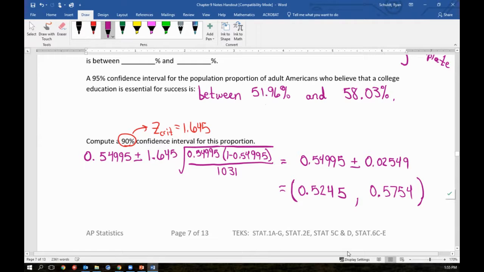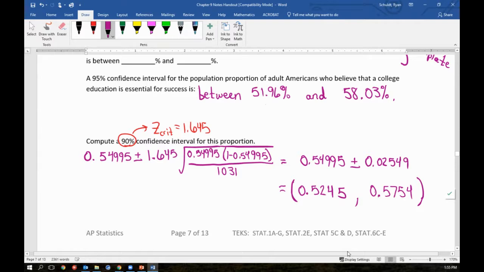So the percent would go down, but the range kept getting smaller. As the percent decreases, your range gets narrower. Does that make sense?